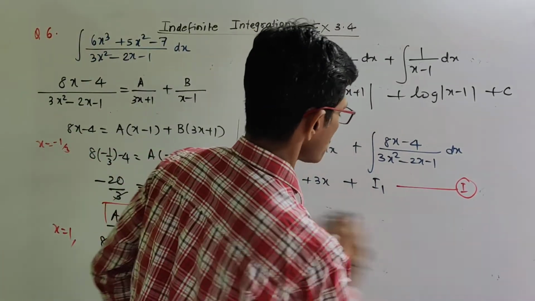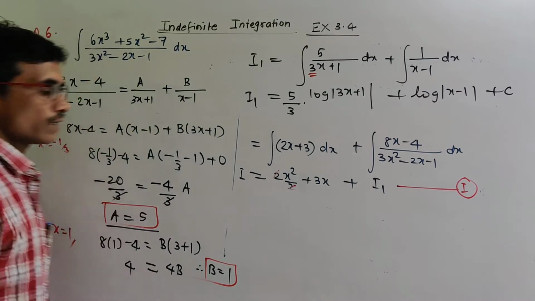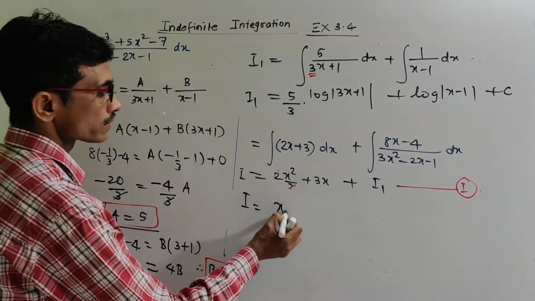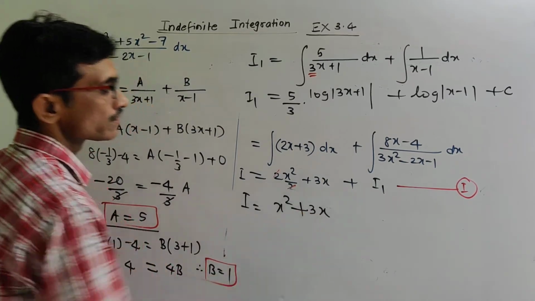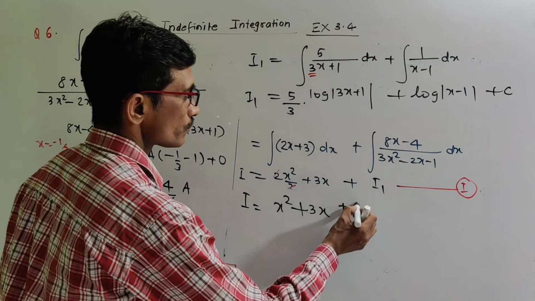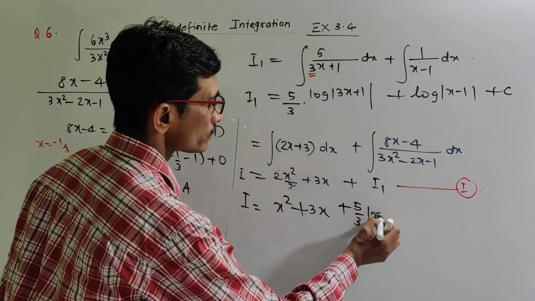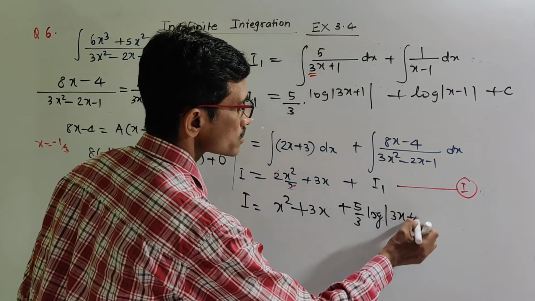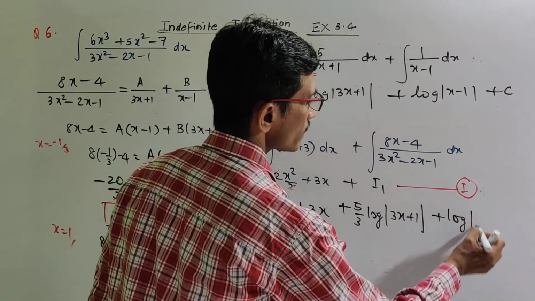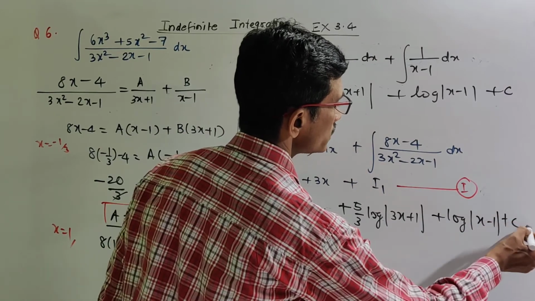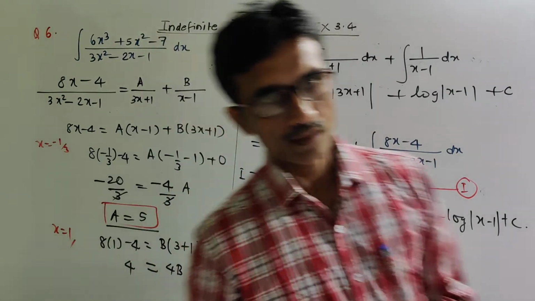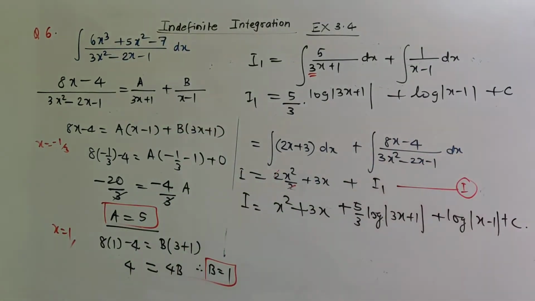So the required answer is I equal to x² + 3x + 5/3 log of (3x + 1) plus log of (x − 1) plus c, constant of integration. So very beautiful answer you are getting, but it is a long answer.